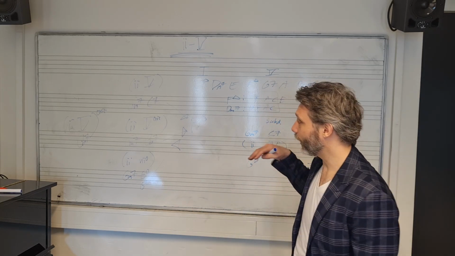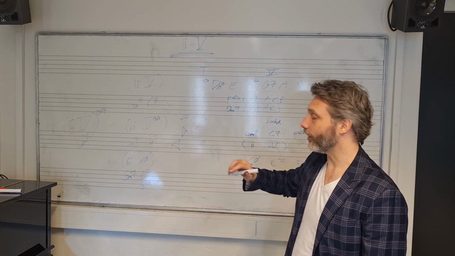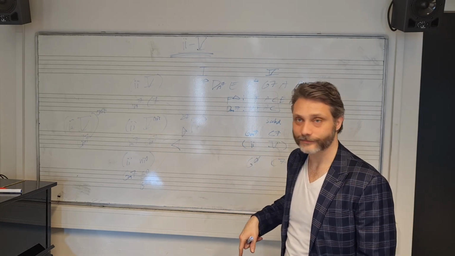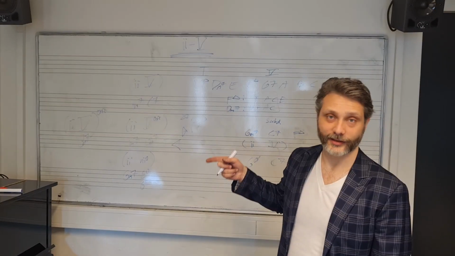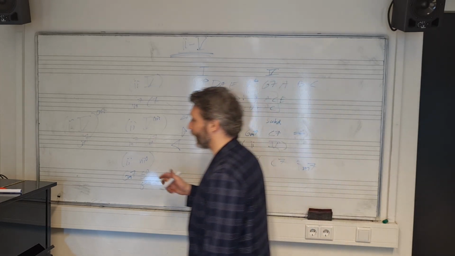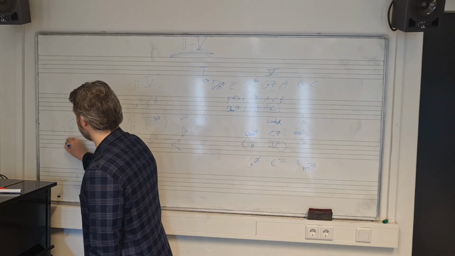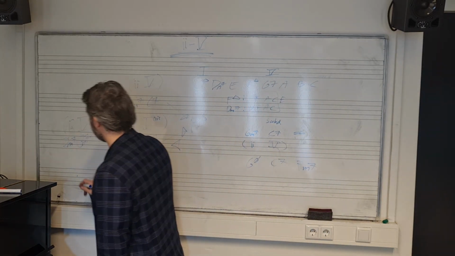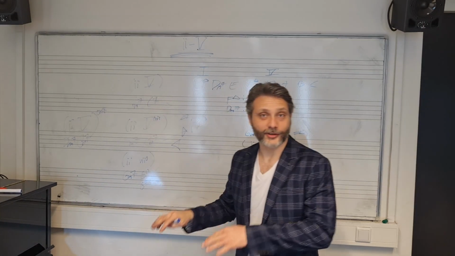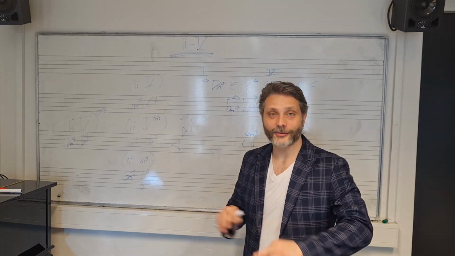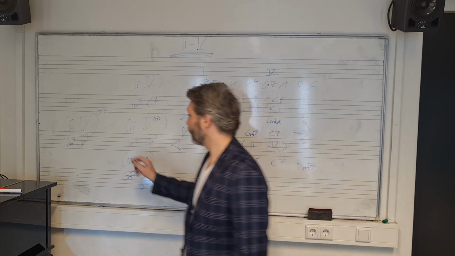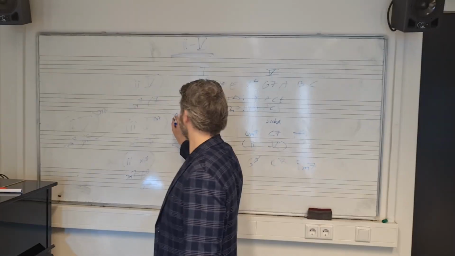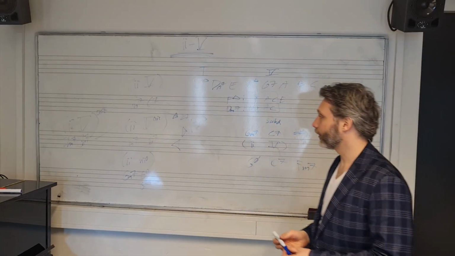Imagine it resolves the way you would expect it to resolve, to C flat. What would be the 2 then? Well, it would be D flat minor. Okay, so that's a normal 2-5 resolving in a weird way to F major 7.